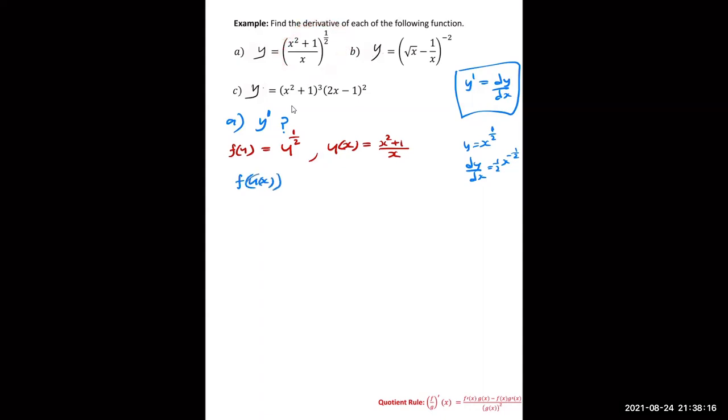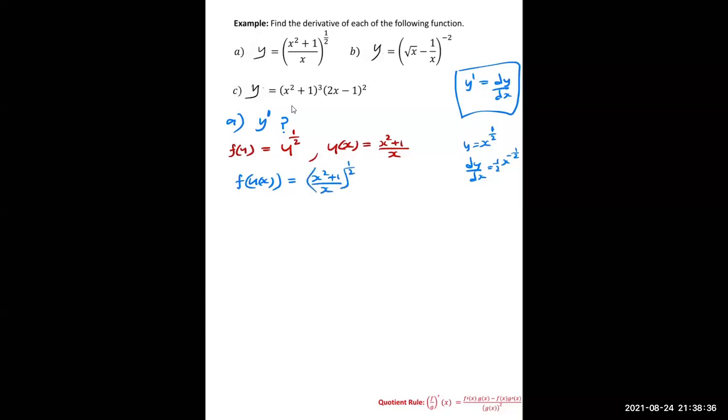To find f of u of x, I plug my function u of x into my f. You replace this u by this u of x, then you get x squared plus 1 over x, whole thing to the power 1/2.